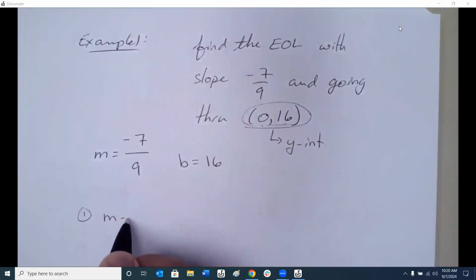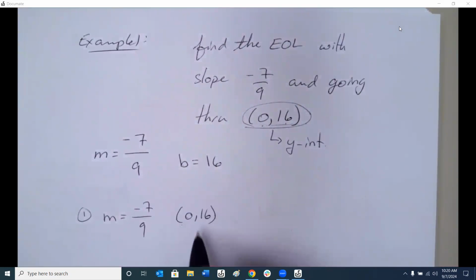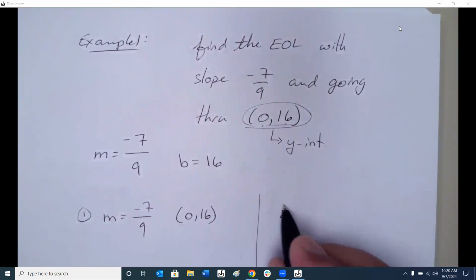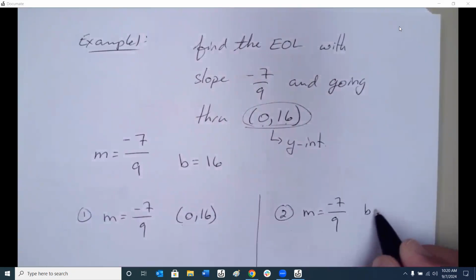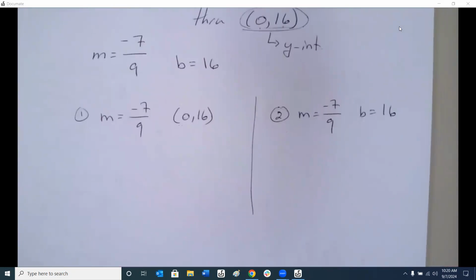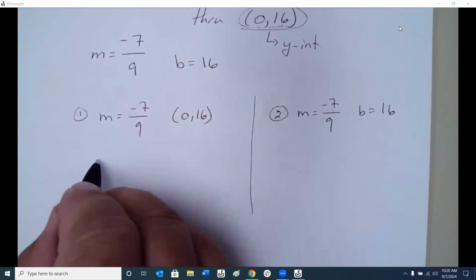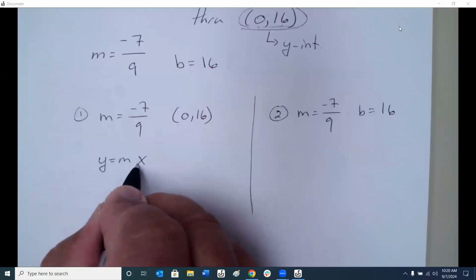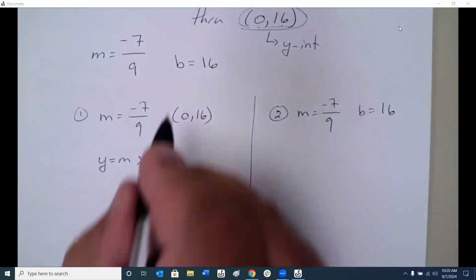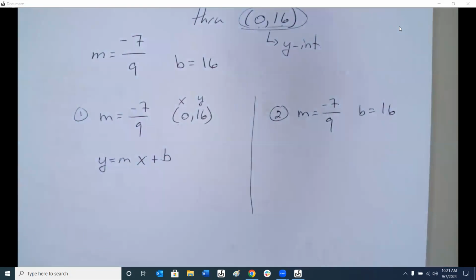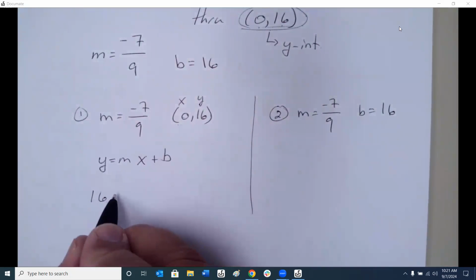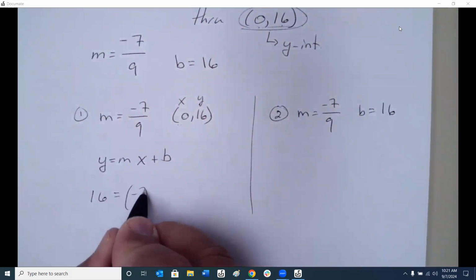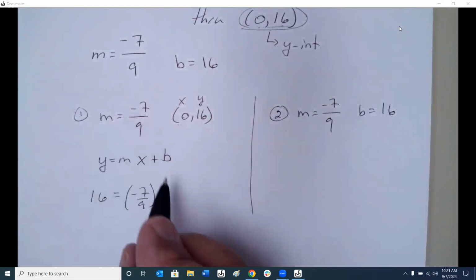We have our slope and we have our point. Or we have our slope and we have our y-intercept. This is x and this is y. So we have y is 16, -7/9, that's my m.